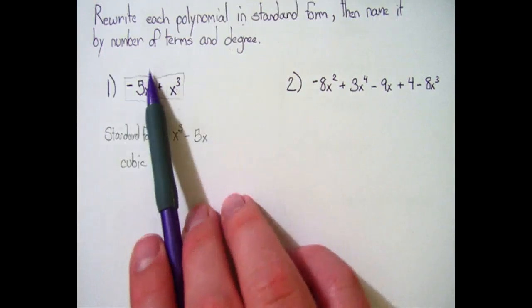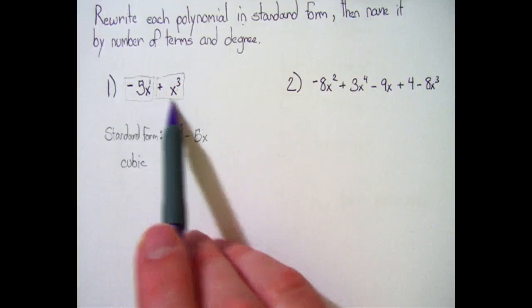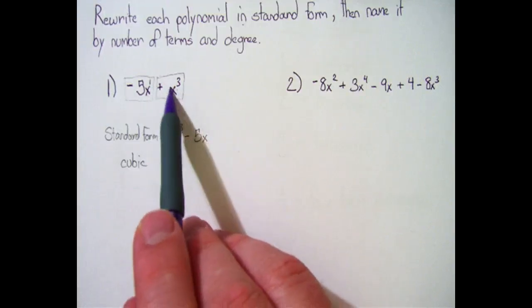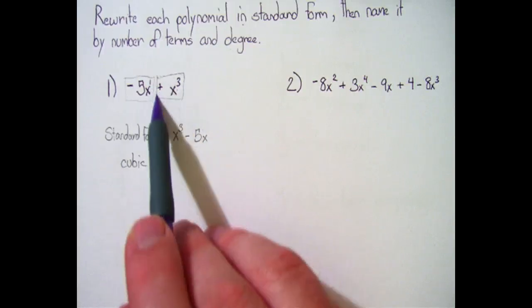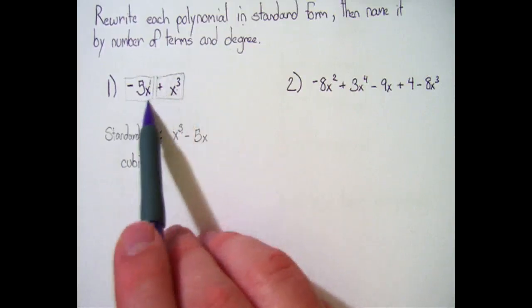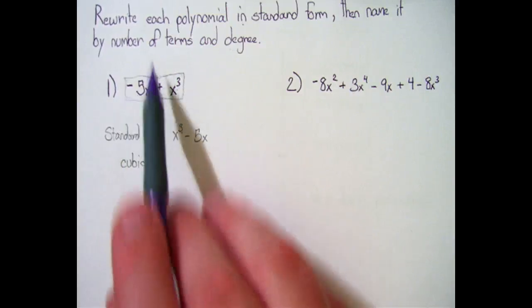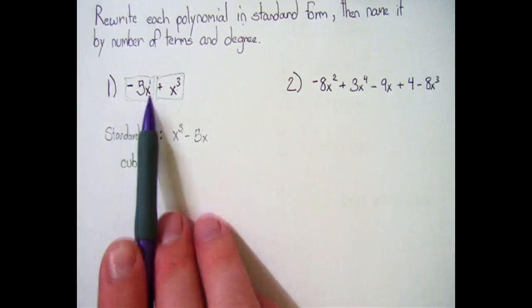Now we need to name it by the number of terms. You'll notice how I boxed these things out, and I included the sign and the expression that contained the variable. The number of things that you are adding together, the number of things in these boxes as I've drawn them here, is the number of terms. So you can see this one has 2 terms, 2 things being added or subtracted together.